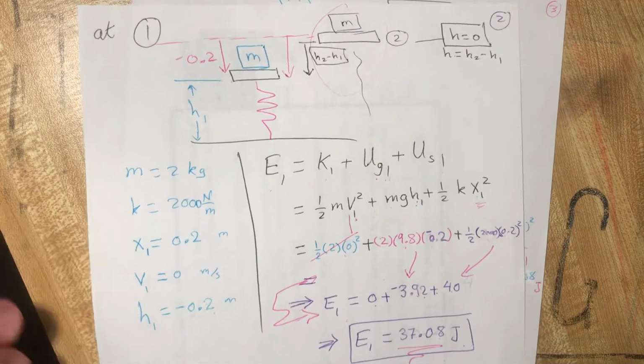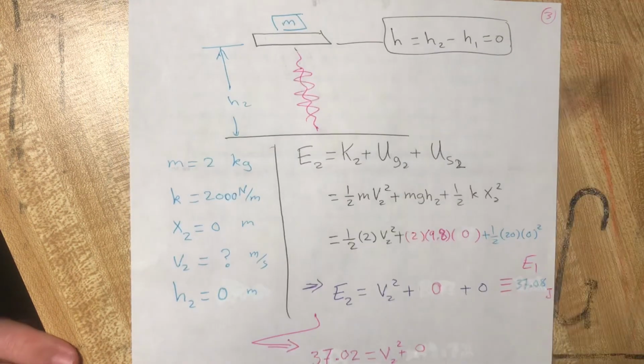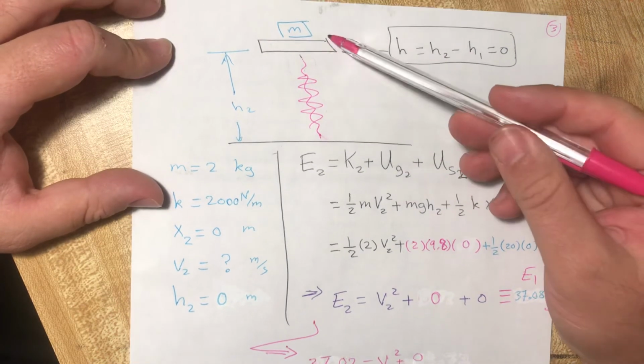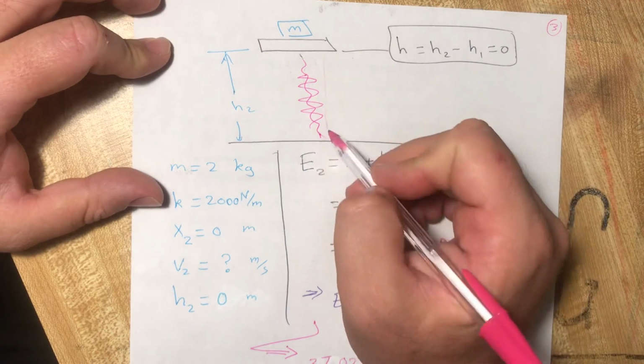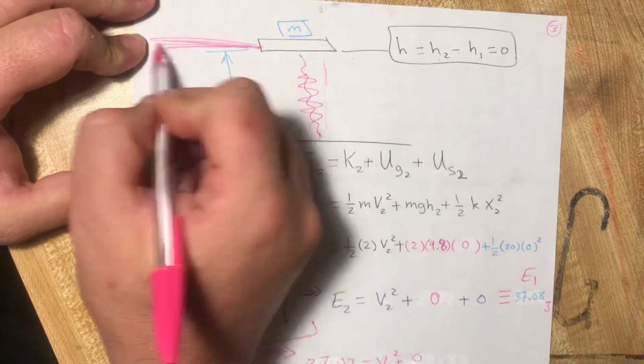Okay, now we will go to the second point, when the spring releases the mass. At this point the altitude h2 is 0 because it is the zero level.